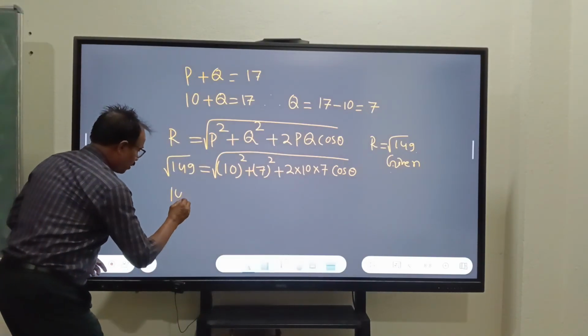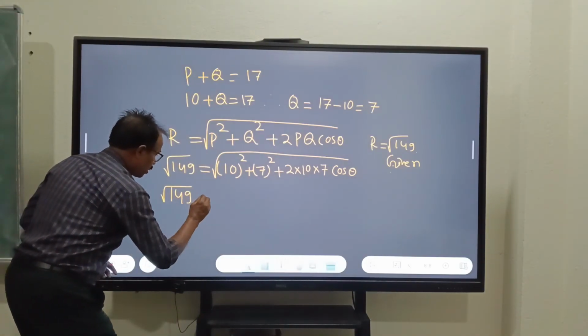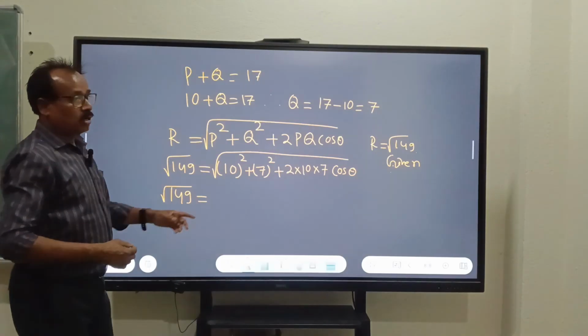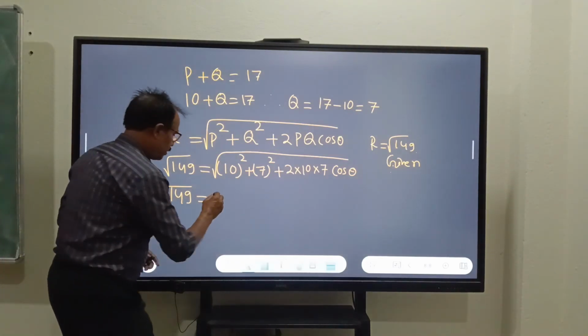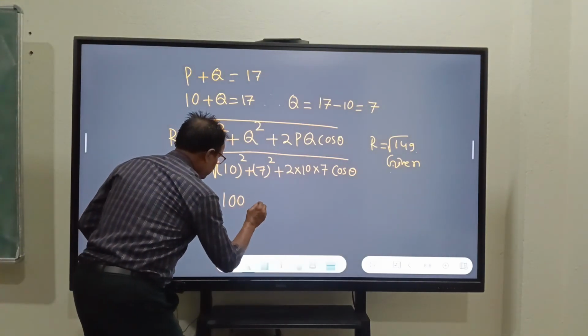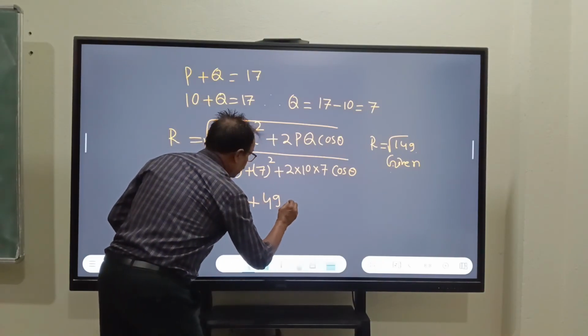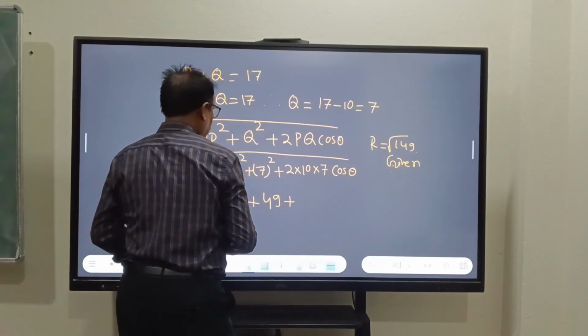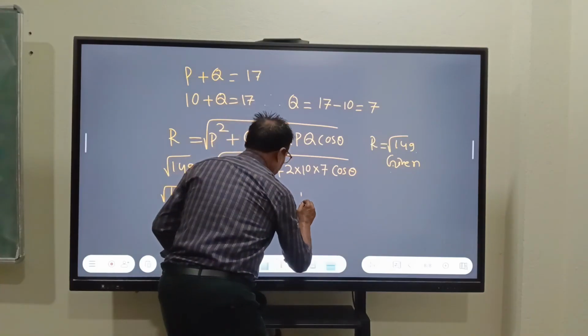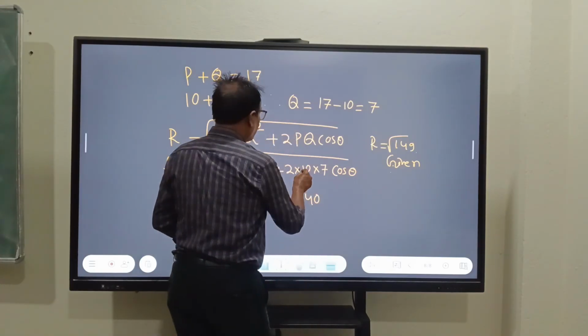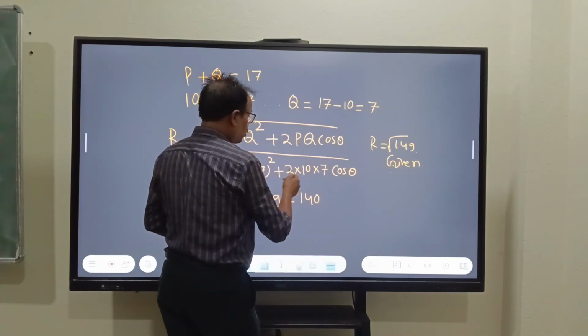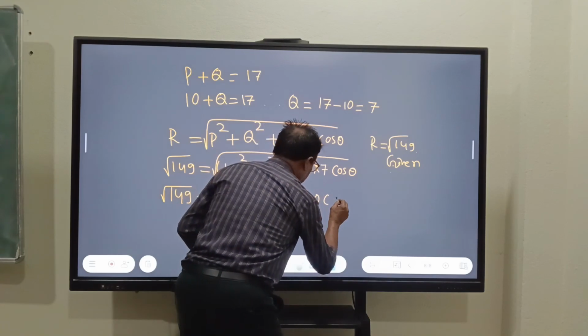Or, root over 149 is equal to root over of 10 square, which is 100, plus 7 square, which is 49, plus 2 into 10 into 7, which is 140 cos theta.